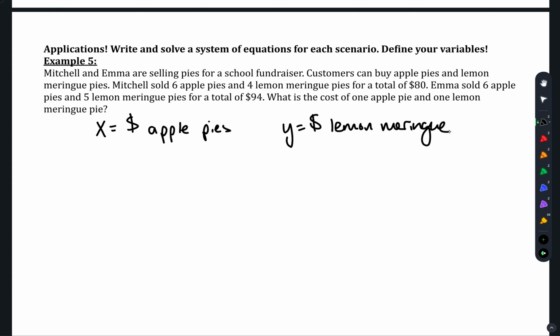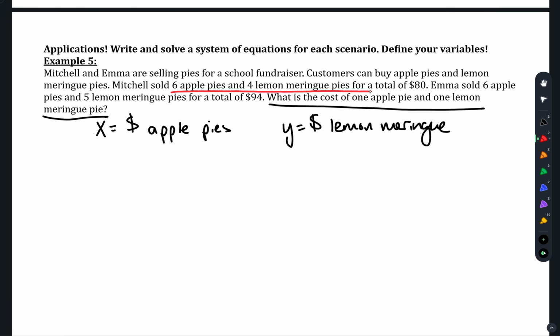Okay. Once I have my variables, which I always get from the last question, now where do I look to figure out these 2 equations that I need? Totals. Look for totals. Give me one total equation. Not x plus y equals 94. I need some extra information. Autumn?